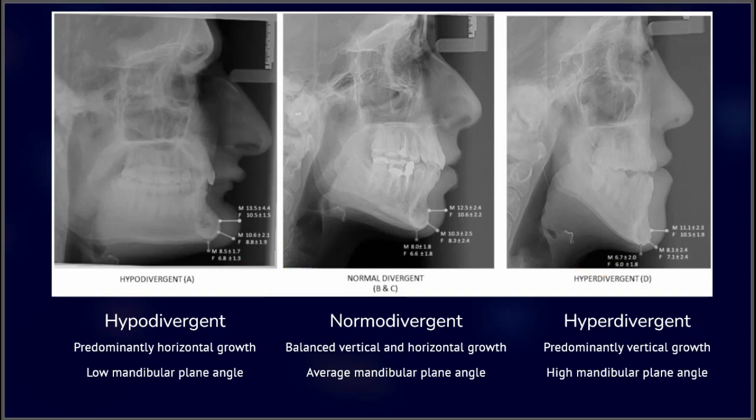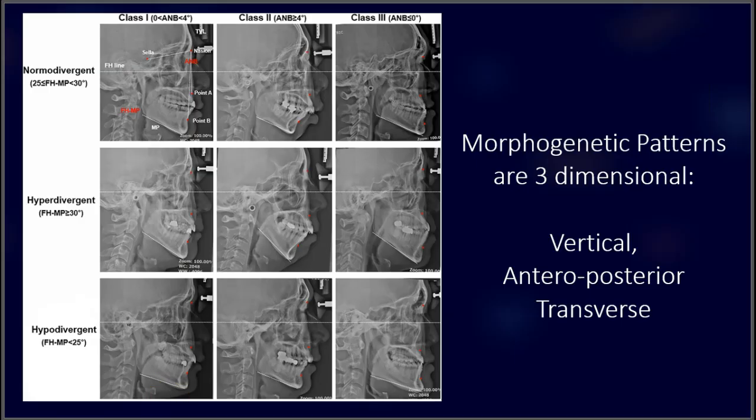Now I'm going to finish off with this concept: so far I've been talking about the vertical aspect, but the reality is that morphogenetic patterns are three-dimensional. So you do have the vertical aspect, and you also have the antero-posterior.